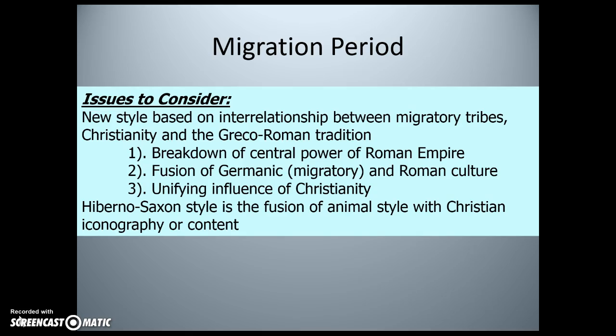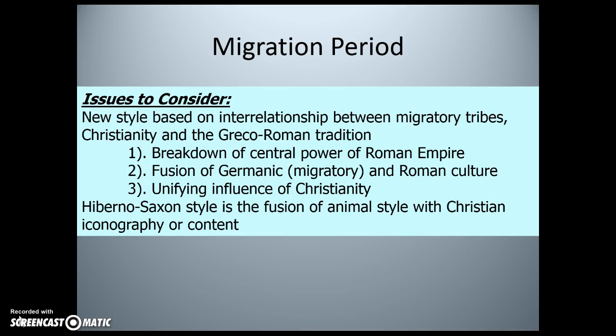And then there's this fusion of Germanic migratory tribes, these sort of invaders on the western part of the divided Roman Empire, and Roman culture. Mixing in with all these elements is this sort of unifying influence of Christianity that brings these two different cultures together.